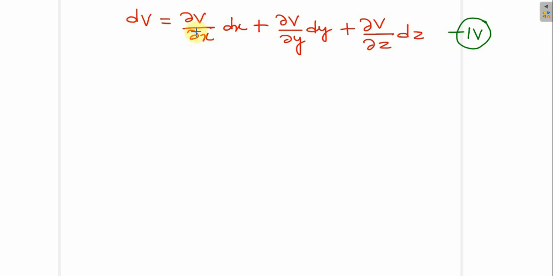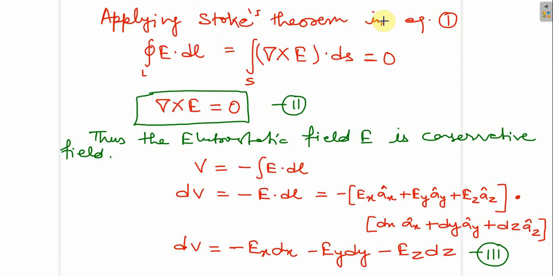dV equals del V upon del x dx, plus del V upon del y dy, plus del V upon del z dz, and in the previous case dV equals minus Ex dx, minus Ey dy, minus Ez dz.